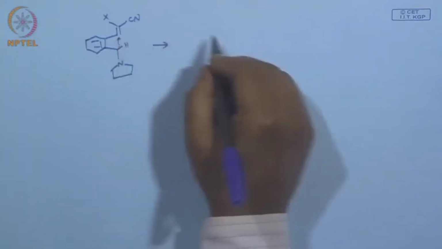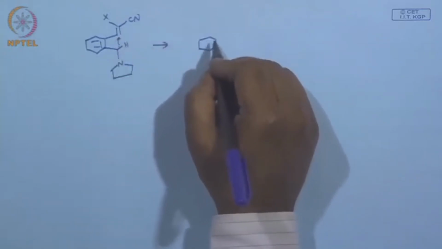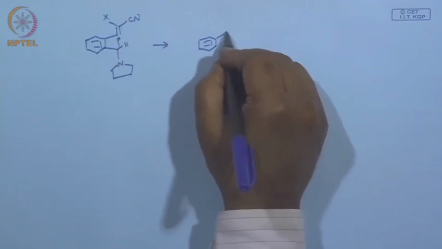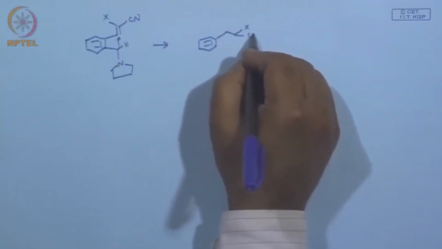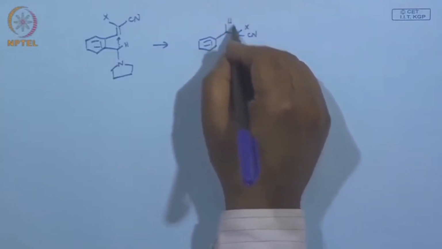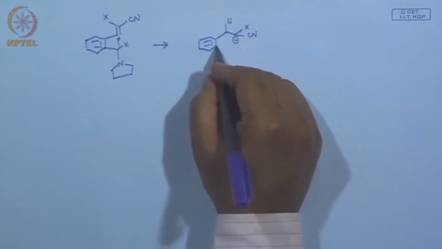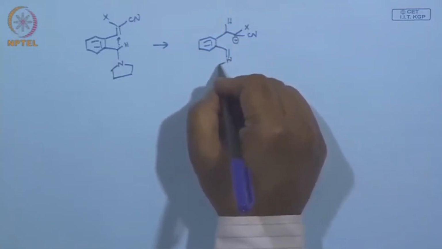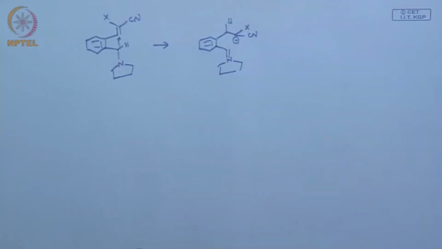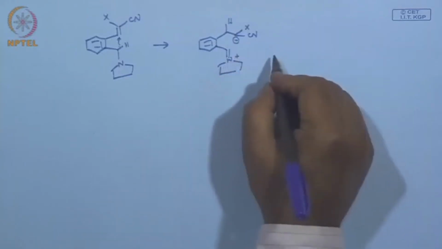And what do you expect? Without going through the sigmatropic shift, one would expect that hydride would be shifted to this, right. So, if that is so, then we have this X and this CN, and hydride is attached to this nitrogen here, and this iminium ion, right.